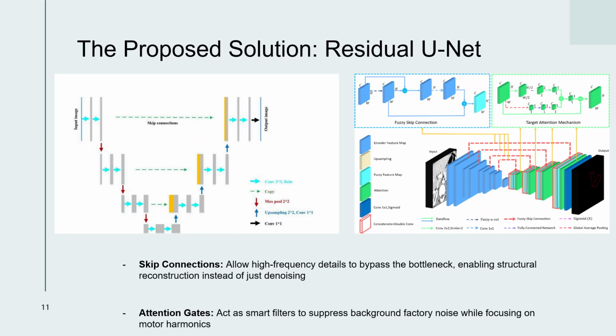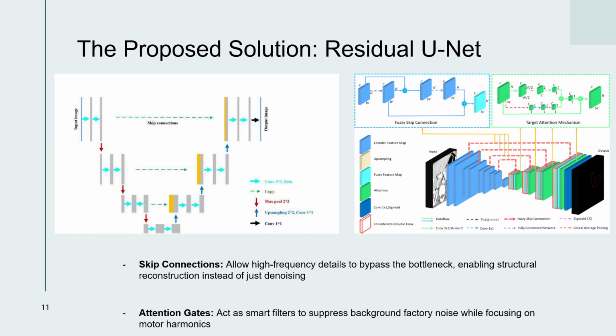So you will notice this architecture looks like the letter U. The key innovation here is these horizontal arrows called skip connections. Think of the bottleneck at the bottom as a summary of a book, so it captures the big picture, and these skip connections as direct photocopies of specific pages.